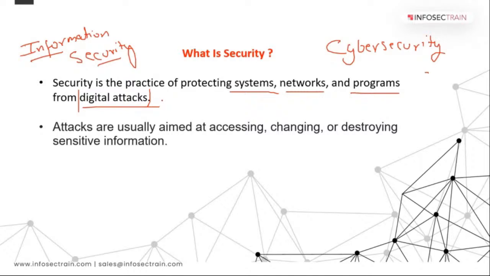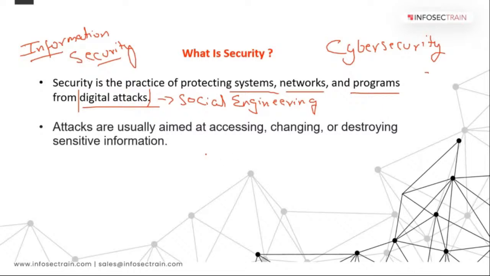What if I'm just talking to you and convincing you to share your confidential details, your personal data, with me? That is also an attack. Those types of attacks are known as social engineering attacks. I am not performing that attack digitally, so that falls under information security, and digital attacks are also under information security.